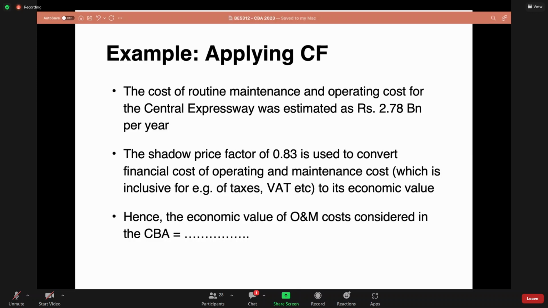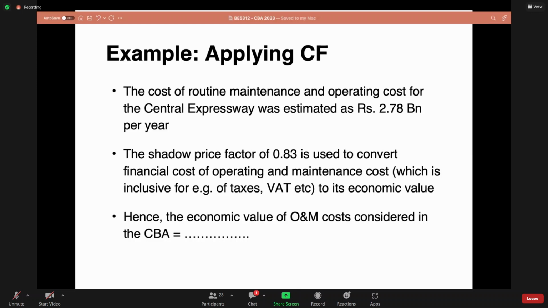This is taken from the Central Expressway example, the report we were looking at. There they say the financial maintenance and operating costs estimated for the Central Expressway for the 30-year period is 2.78 billion per year, at market prices. They say you have to use a shadow price factor of 0.83 to convert these financial costs, which include things like taxes and VAT, to their economic value.